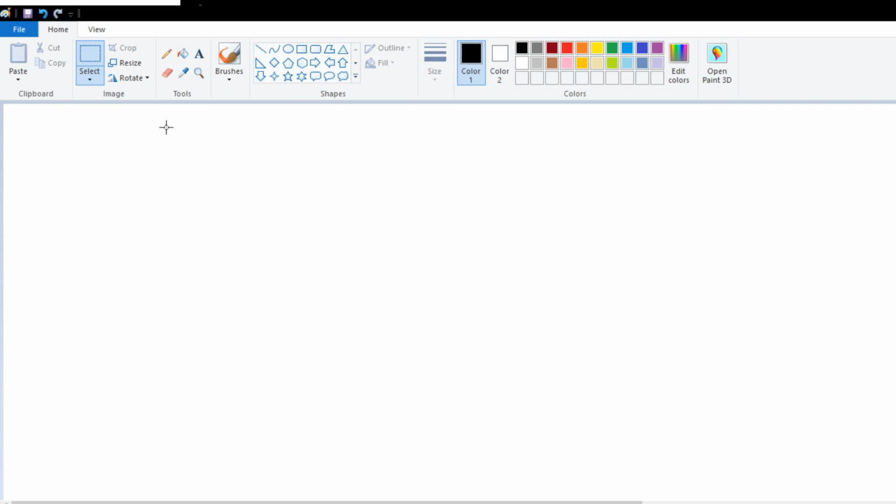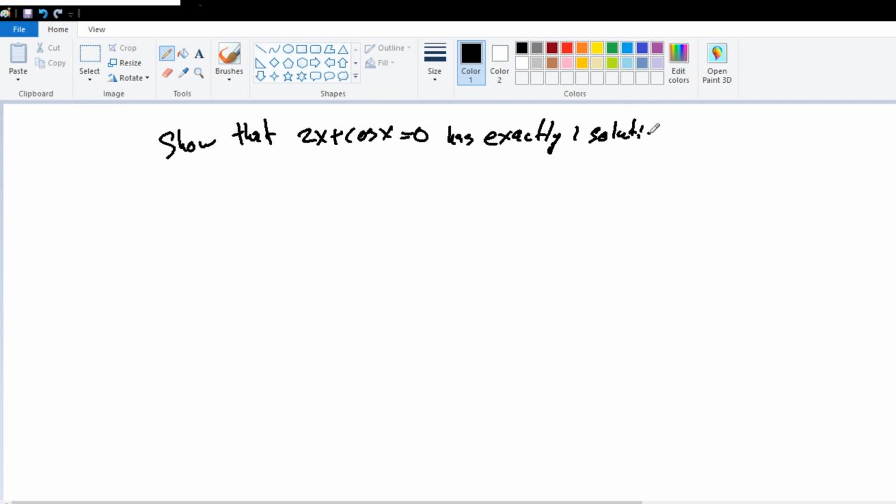Okay. Here's one. Show that 2x plus cosine x equals 0 has exactly one solution. So the first part of this is show that we have a solution. Okay, so we're going to use the intermediate value theorem for this.